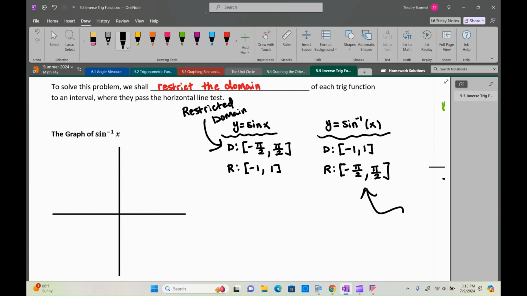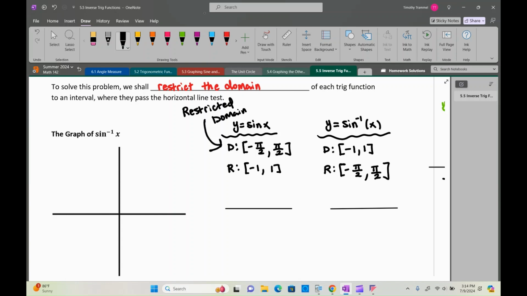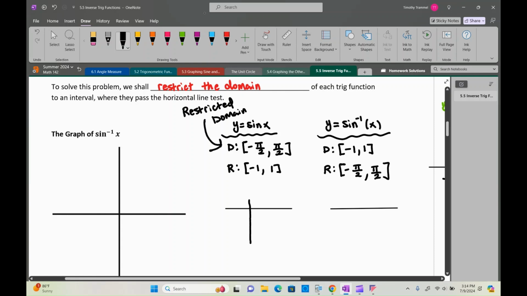Well, I think it might be nice to have a table of values here. One for sine and then one for sine inverse. And so again, do remember that these are going to switch. And what I mean by switch is the x's and the y's are going to swap between these two.